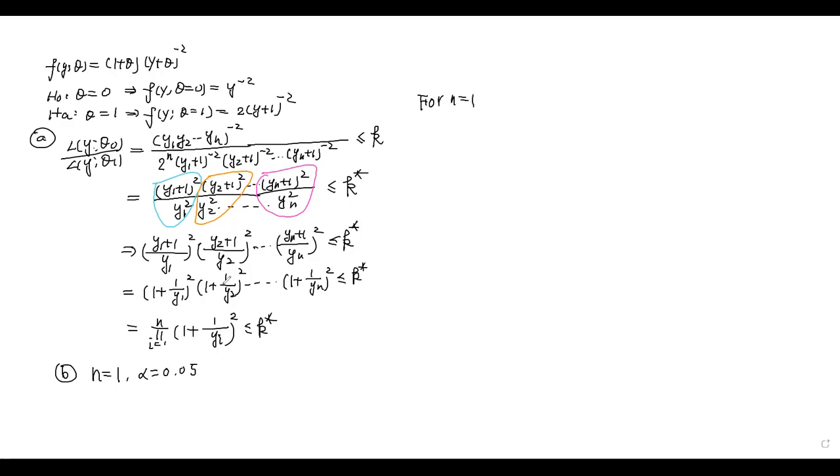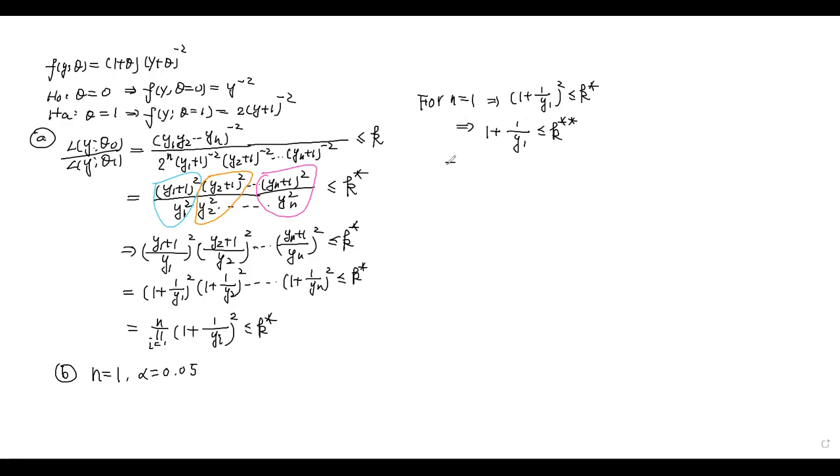So let's take a look at n equal to 1. This will simplify to 1 over (1 plus y1) squared less than or equal to some value. Then I can simplify that: 1 plus y1 is less than, squaring both sides, some constant k star.